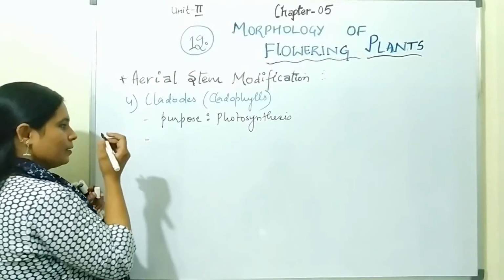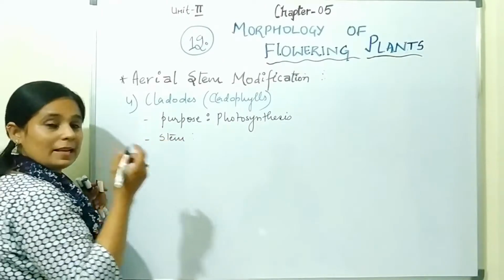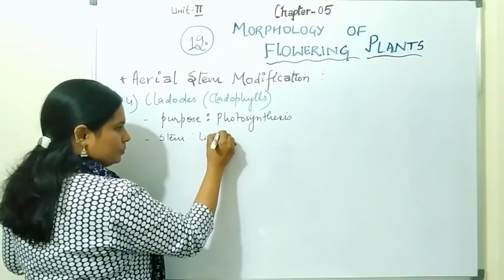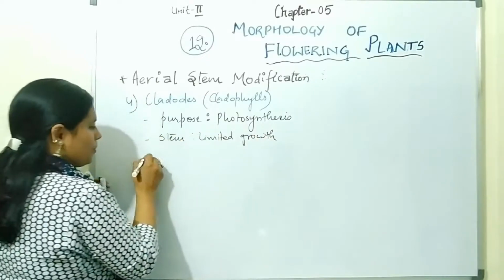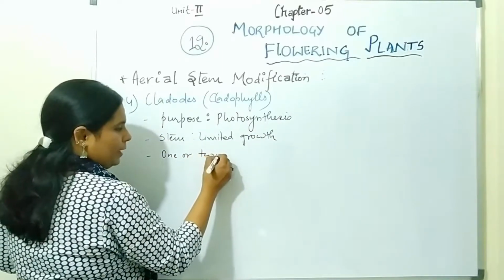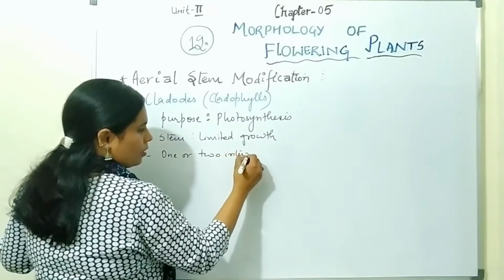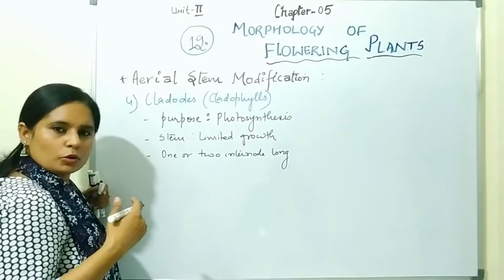These are the stem which has limited growth, and this stem is generally 1 or 2 internodes long. So you will find in the stem 1 or 2 internodes.